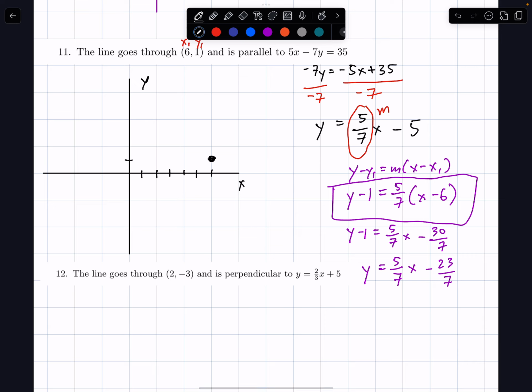And then my slope was 5 over 7. So 1, 2, 3, 4, 5 up, and 7 over would be 1, 2, 3, 4, 5, 6, 7 over here.